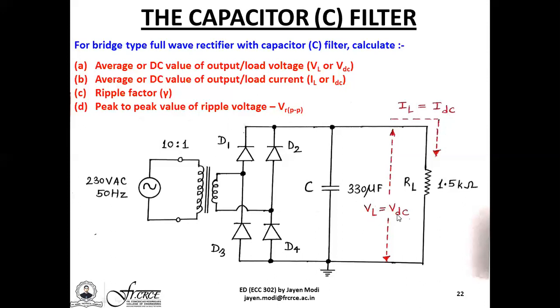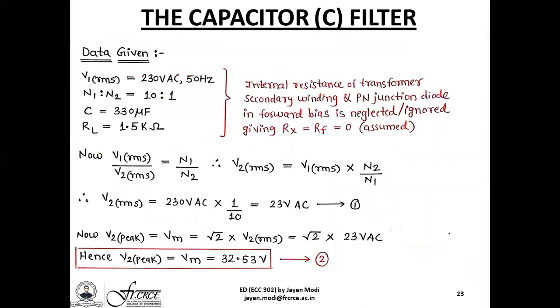Now, if you want to solve this from a strictly examination point of view and in a proper sequential way, this is how your approach has to be. Firstly, always mention data given. So your numerical answer starts with data given. You are given V1 RMS, that is 230 volts AC, 50 hertz. You are given N1 is to N2 is equal to 10:1.